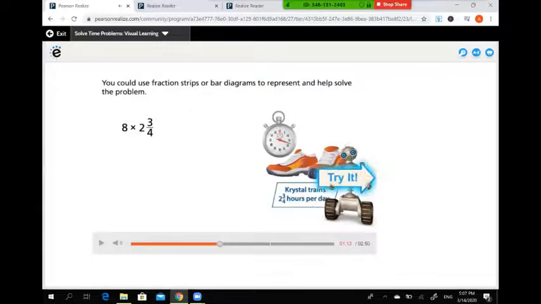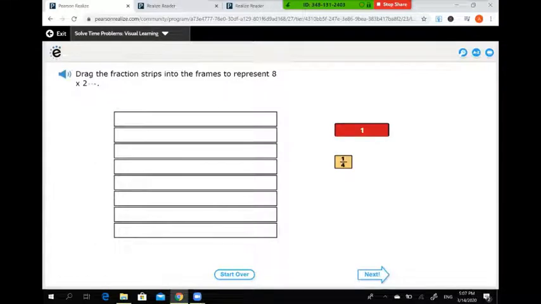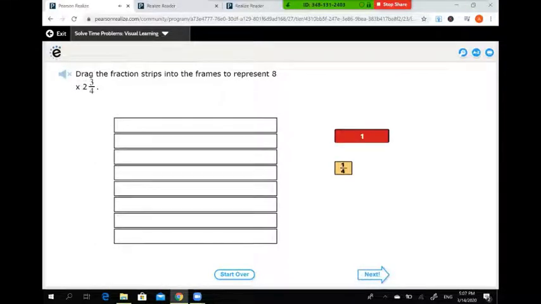So let's try it. Drag the fraction strips into the frames to represent 8 times 2 3/4. So here, in each group, we have 2, 3/4.